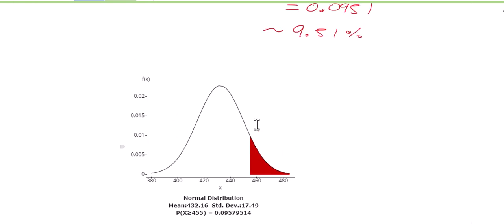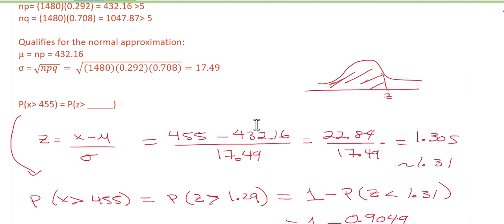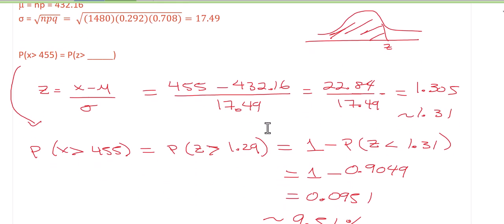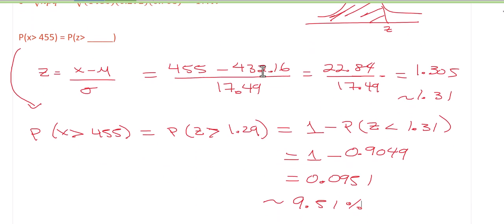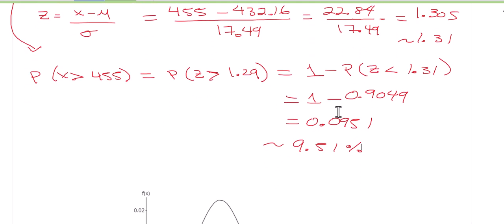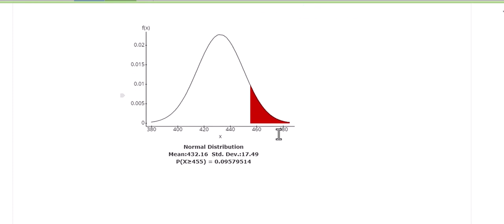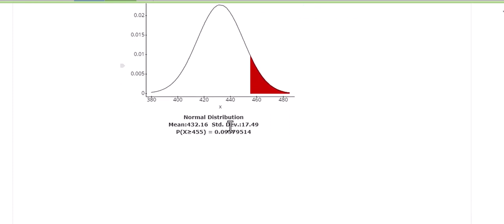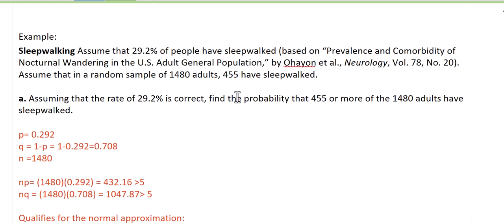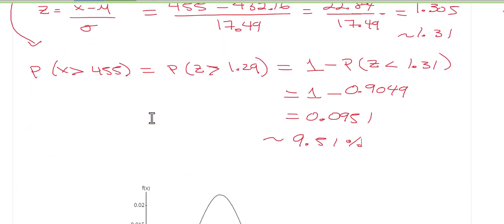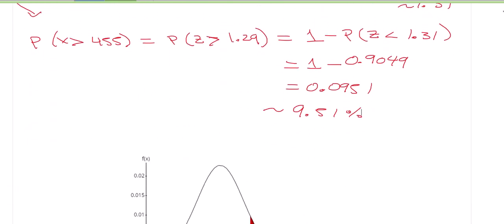I wanted to not re-record that, but actually leave the mistake there just so you see how easy it is to make a mistake, and also how you can double check your answer using StatCrunch. And so this gives us the probability that x is greater than 455, essentially the probability that 455 or more of the 1480 adults have sleepwalked. Now we can say that is about 9.51%.